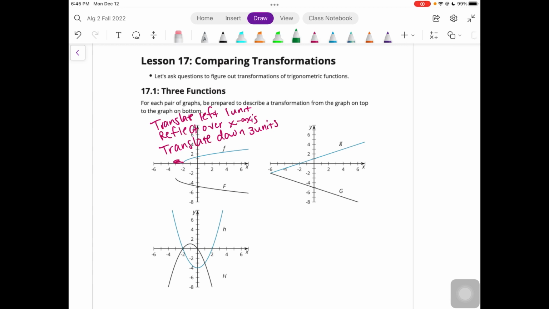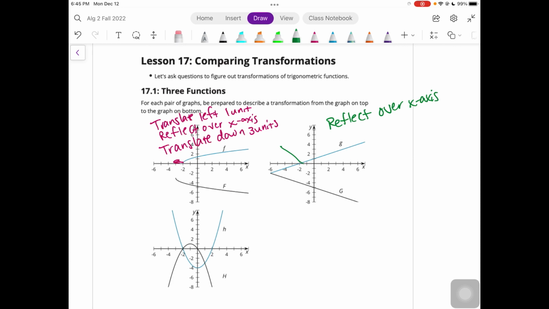All right, let's take a look at the G functions. Let's see. We reflect over the x-axis. And then after you do that, it looks like that.